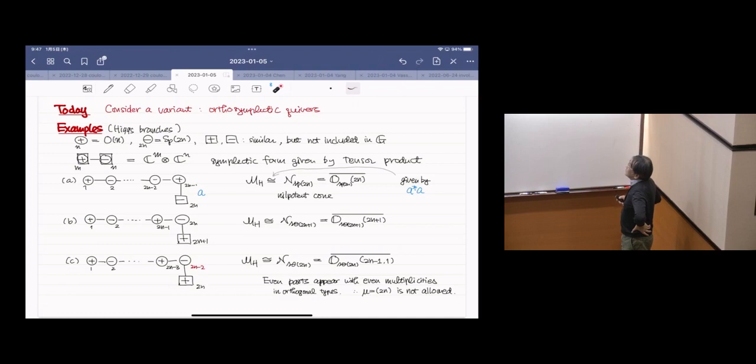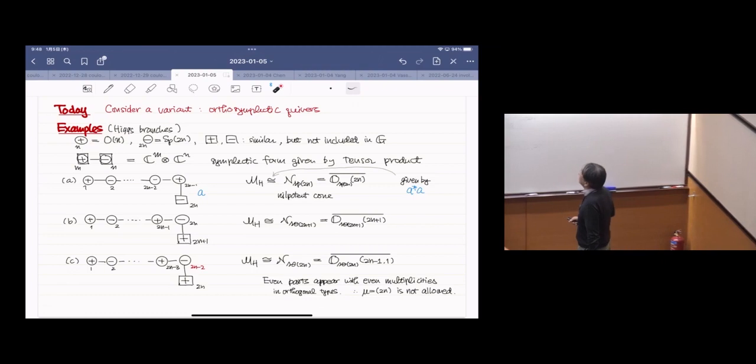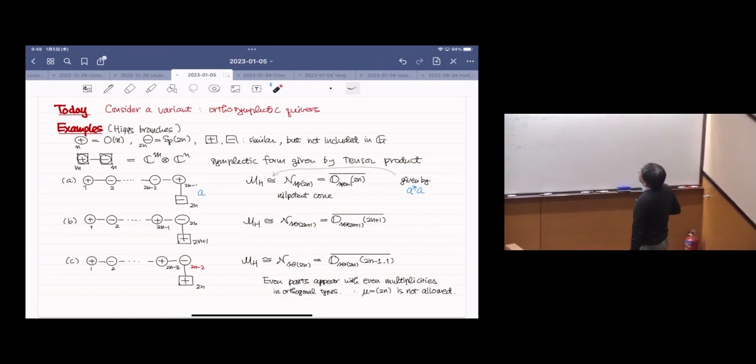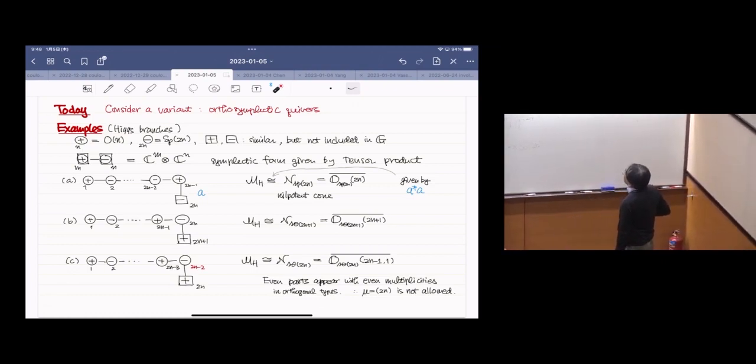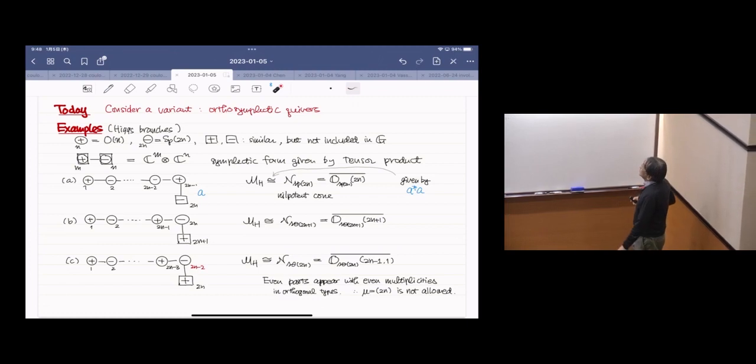For orthogonal groups, even parts appear with even multiplicities, and for Sp, odd parts appear with even multiplicities. That's a well-known classification. So in particular, you cannot put mu equal 2n. 2n is the regular nilpotent orbit for type A, but that is not allowed for the orthogonal group. So the regular nilpotent orbit for SO even is this one, 2n minus 1, 1. And because of this reason.